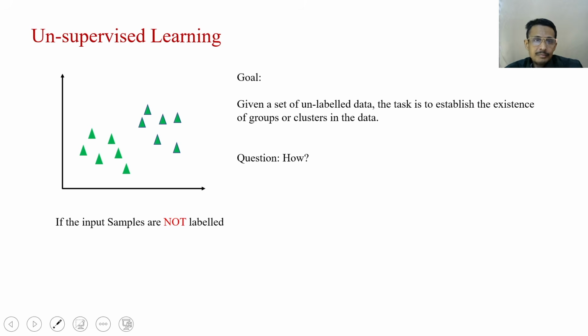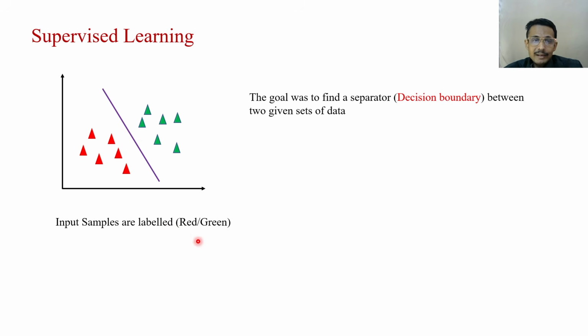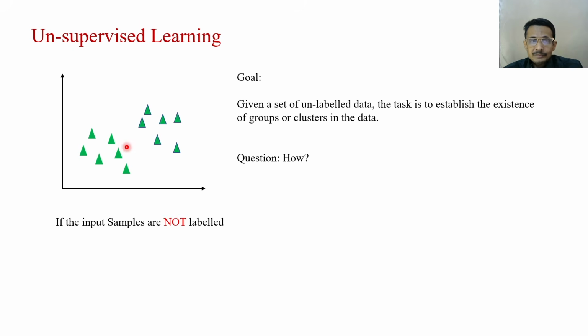Now, if these labels are not given; here the labels are red and green, a red group and a green group, but here nothing is given, everything is green. If this happens, then we call it unsupervised: no supervisory, no labeled data is given.